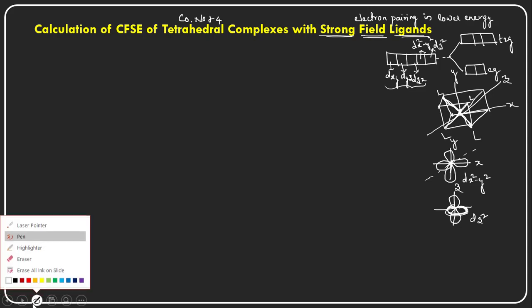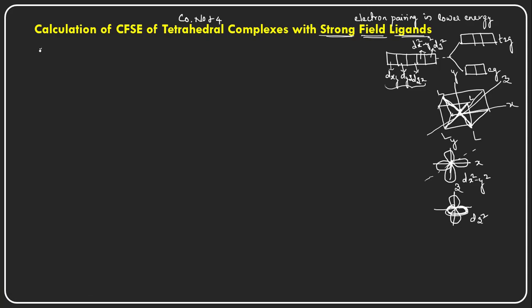So here I'm writing the serial number, that means the number of electrons present in the complex, electrons present in Eg orbitals, small e or capital E, no problem, electrons present in T2g orbitals, and the crystal field stabilization energy associated with these electrons.